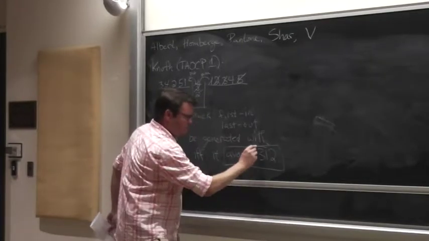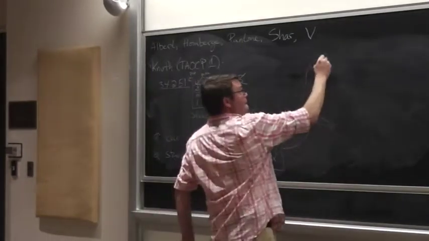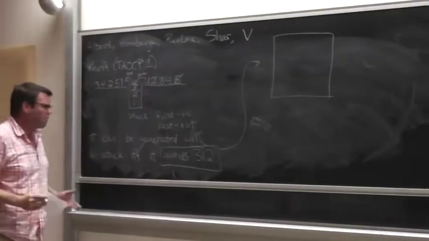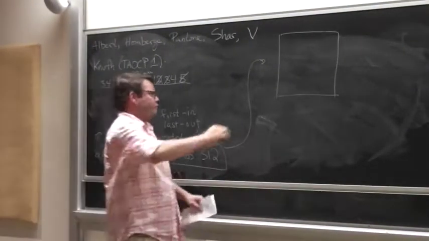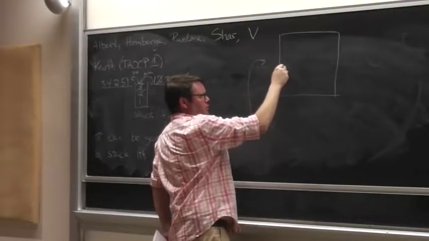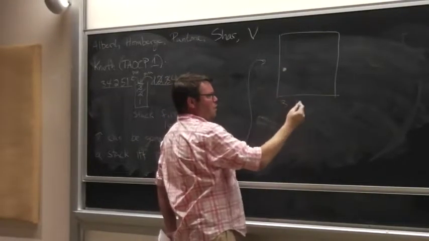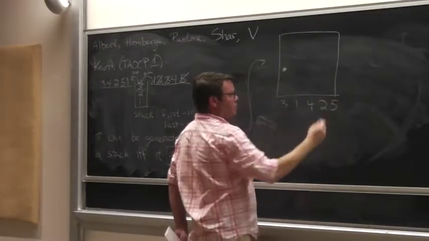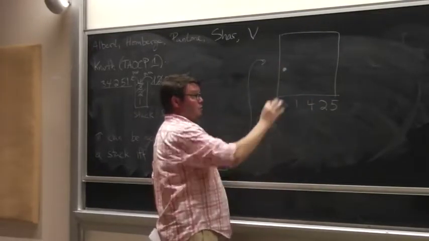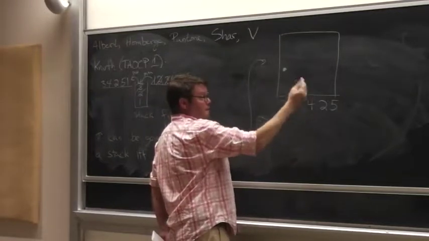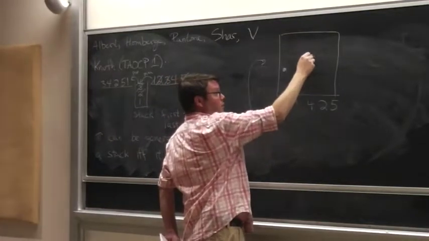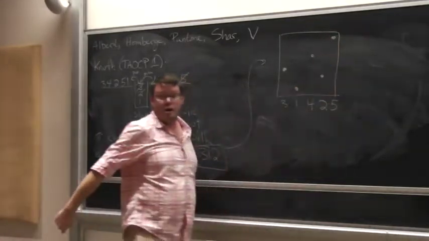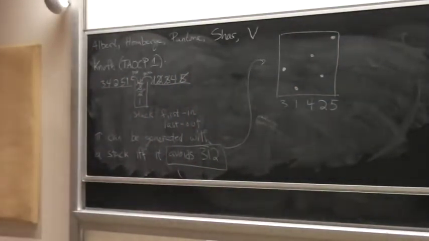I'm going to think about permutations as their plots. So a certain permutation, I might just draw it as, let's say it's 3, 1, 4, 2, 5. I put a dot at the points (1,3), (2,1), (3,4), (4,2), and (5,5).